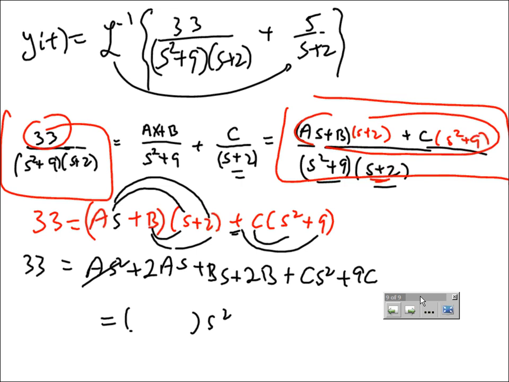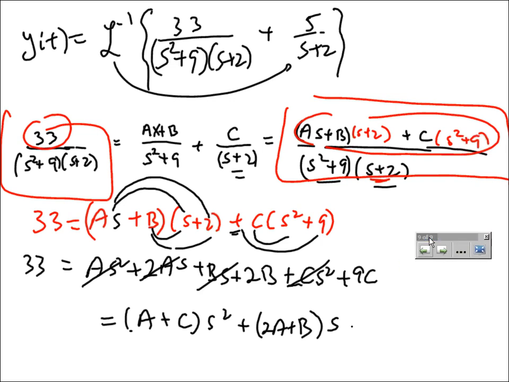I have a plus c s squares. And I also have a number of s's. I have 2a plus b s's, plus I have a constant 2b plus 9c.